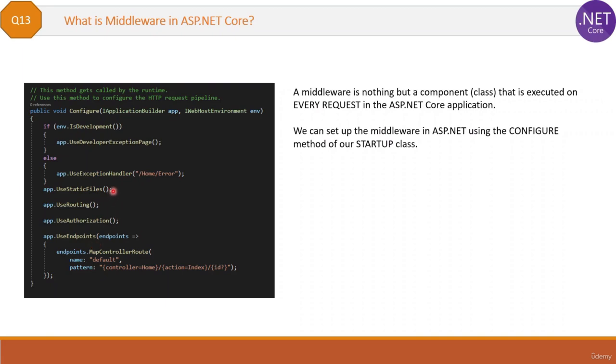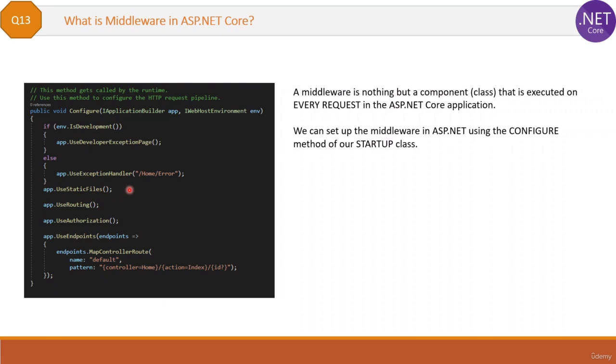That is what we call short circuit in middleware. Why did it happen? Because an HTML page will not require UseRouting and UseAuthorization. It will just finish here at UseStaticFiles. So this is how the middleware normally executes.